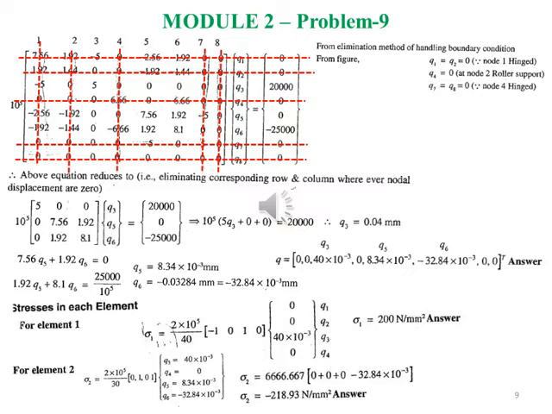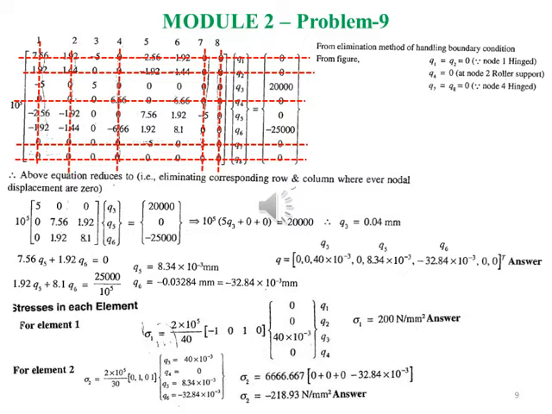Solving, we get Q6 is minus 32.84 into 10 power minus 3 millimeters, Q5 is 8.34 into 10 power minus 3 millimeters and Q3 is 0.04 millimeters.